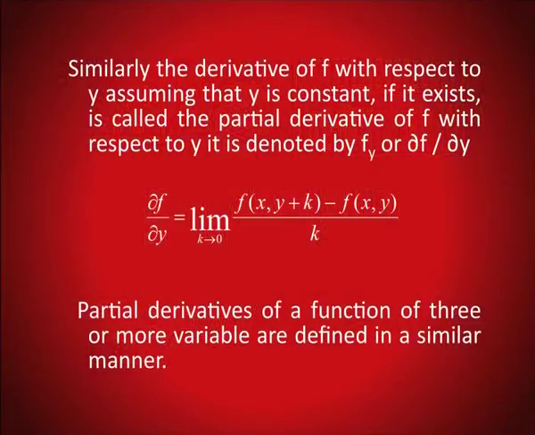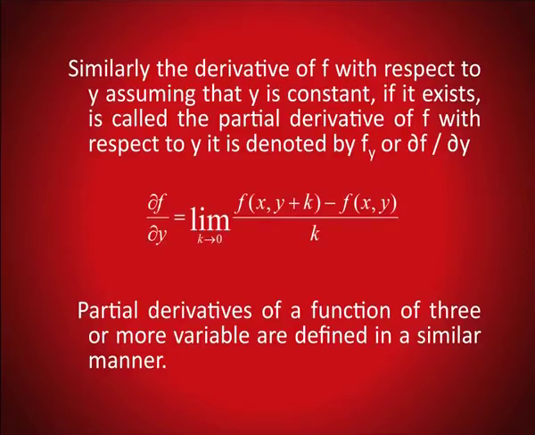Similarly, the derivative of f with respect to y, assuming that x is constant, if it exists, is called the partial derivative of f with respect to y. It is denoted by f_y or ∂f/∂y.